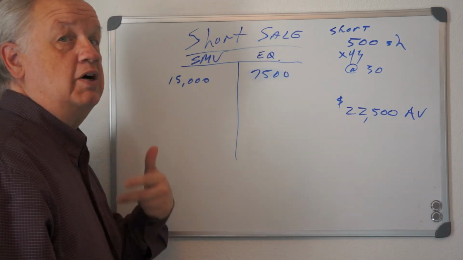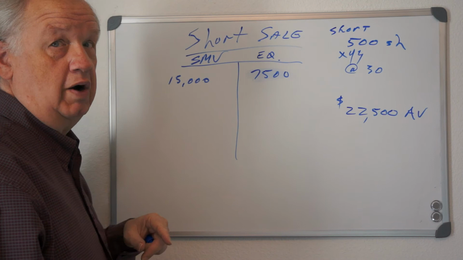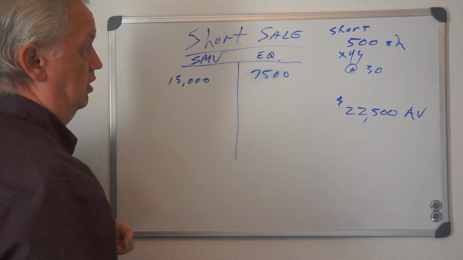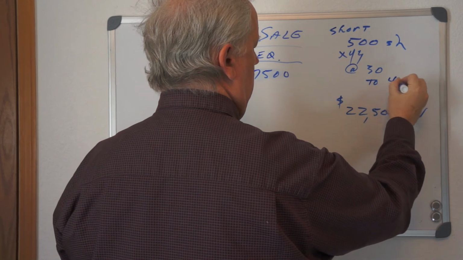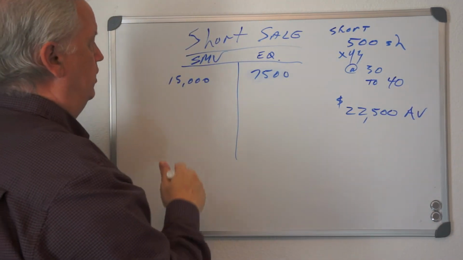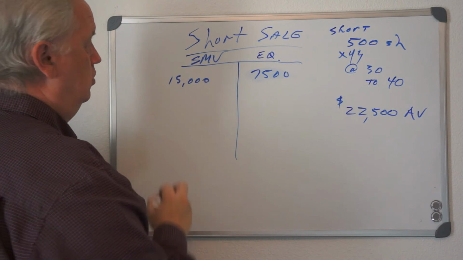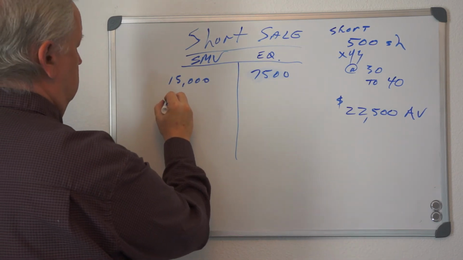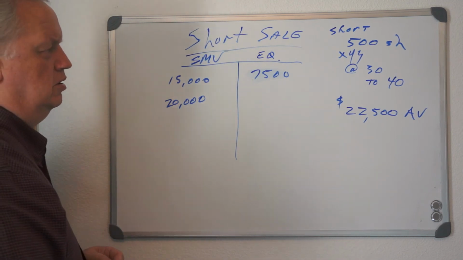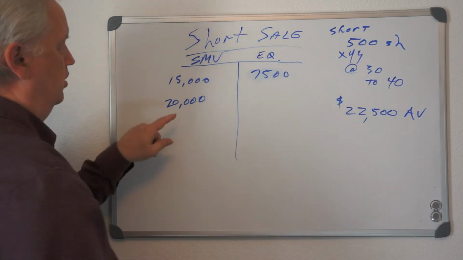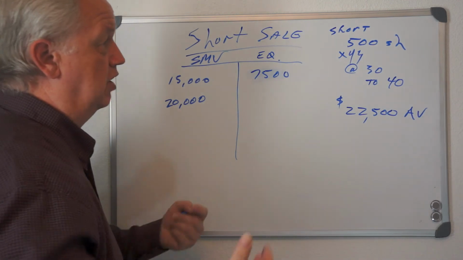But if the price goes up, you could require more money going in there. Let's say it goes to 40. At 40, you owe 20,000. 40 times 500, $20,000. That's how much you're obligated to put in.